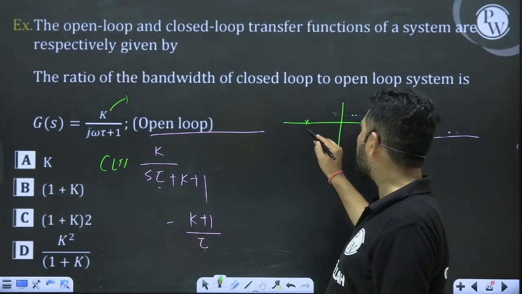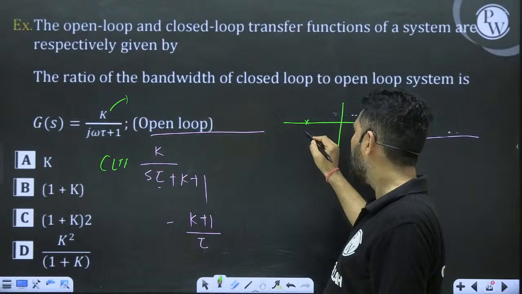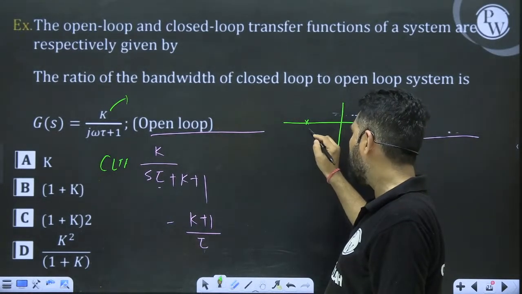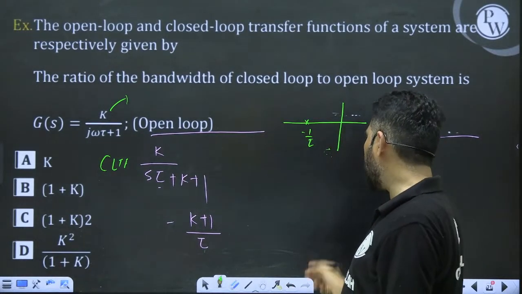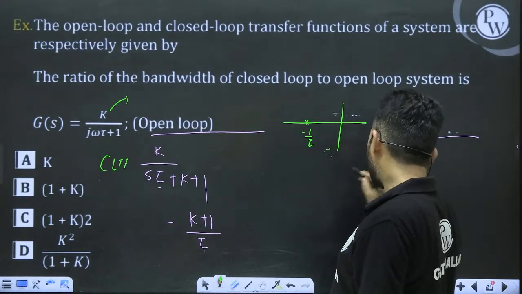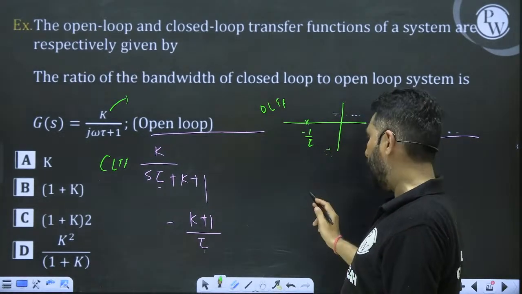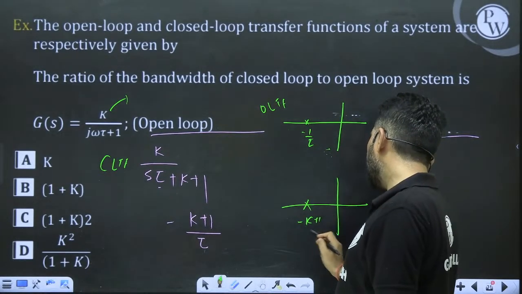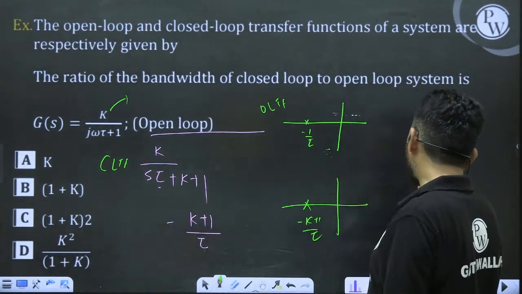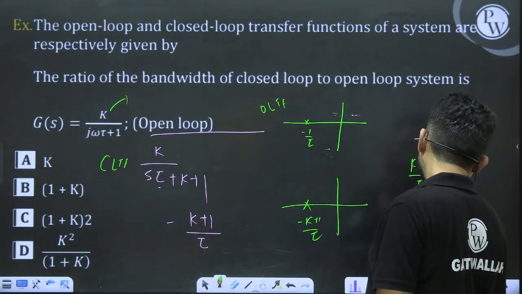The pole is at minus 1 by tau for OLTF, and the pole is at minus k plus 1 by tau for CLTF. So the bandwidth ratio is k plus 1 by tau upon 1 by tau.